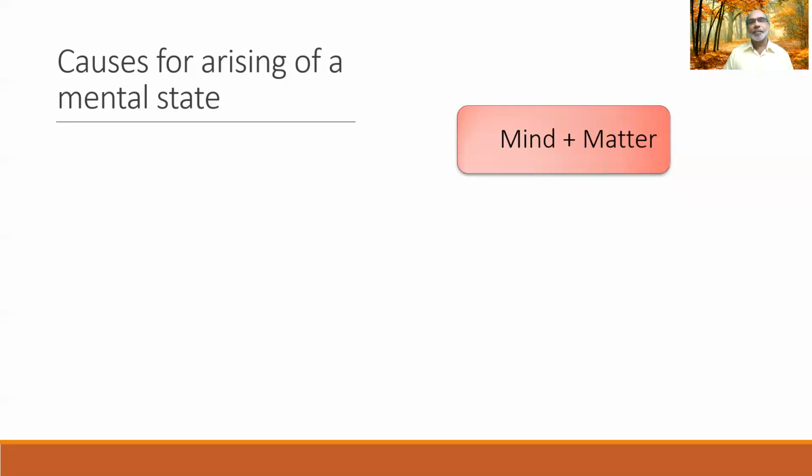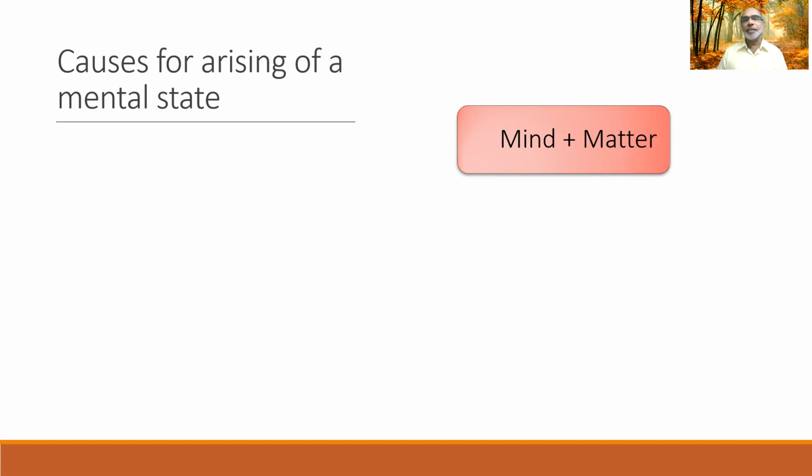Well, the mental state originates due to these 4 main causes, among other causes, of course. There are 4 main causes. Mind should be there, and the mind and matter should be present first in order to generate a mental state. It's obvious.